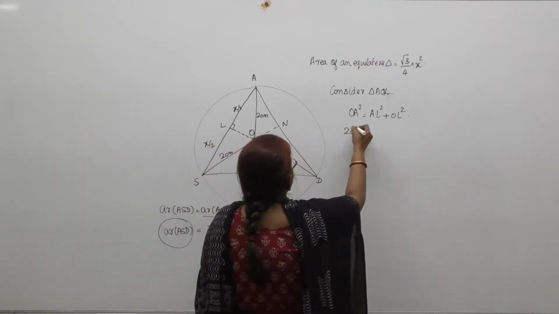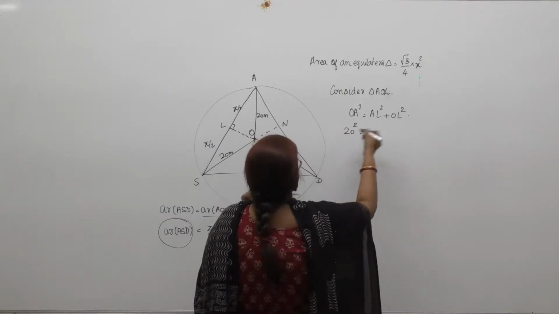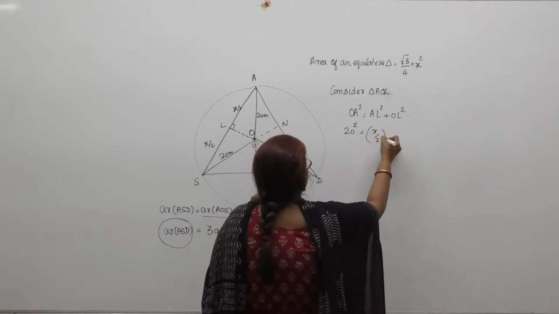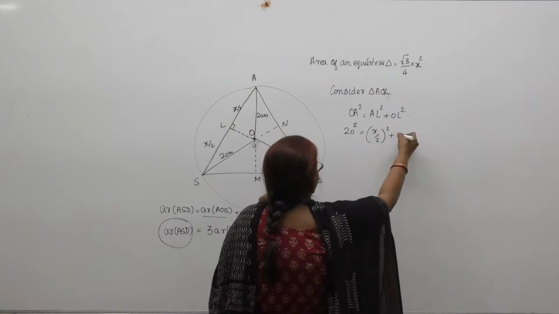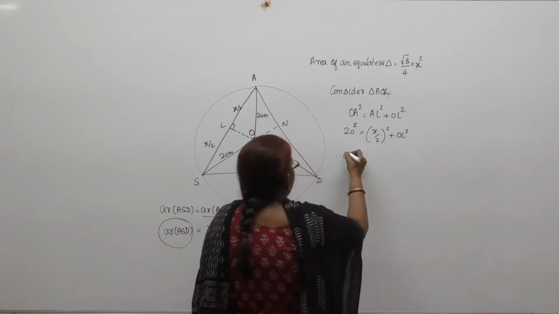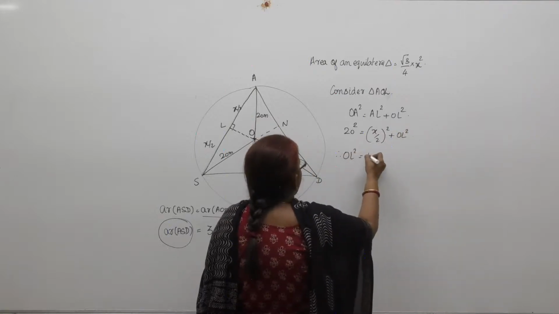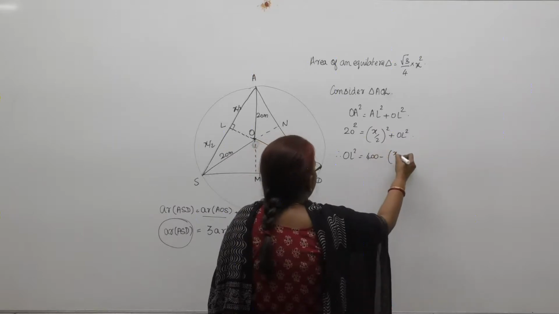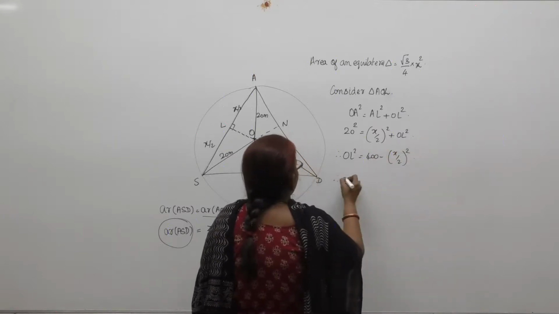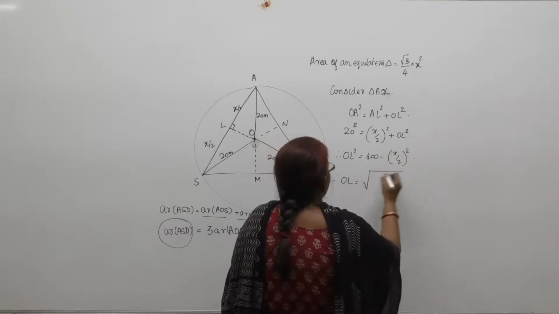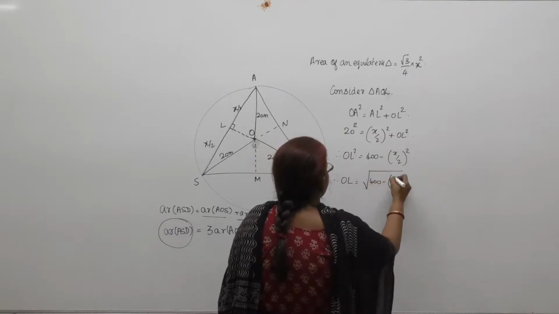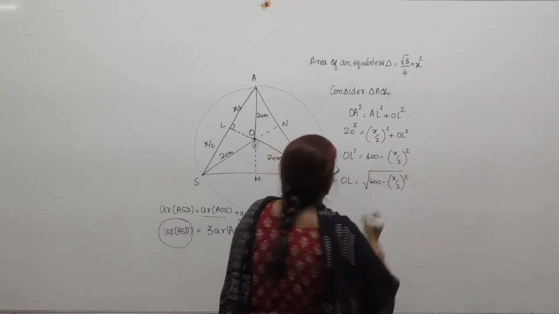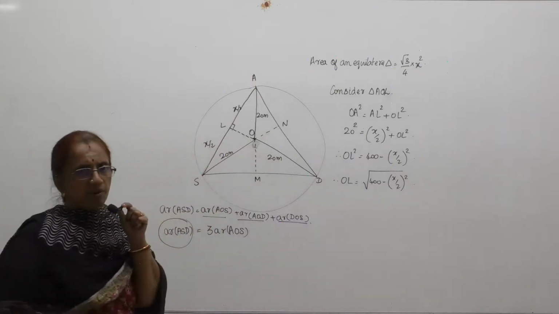It is nothing but 20 square equals AL square, which is x by 2 the whole square, plus OL square. You do not know OL. So therefore OL square is equal to 400 minus x by 2 the whole square. Therefore OL is square root of 400 minus x by 2 the whole square. Did you understand until this step clearly?